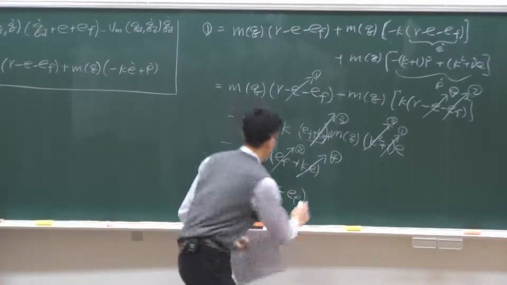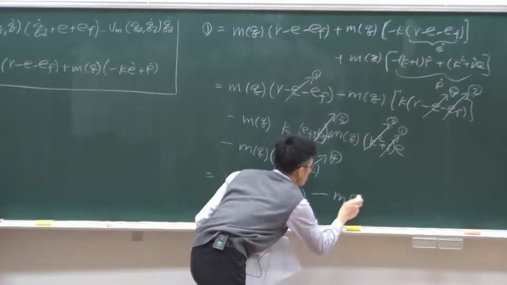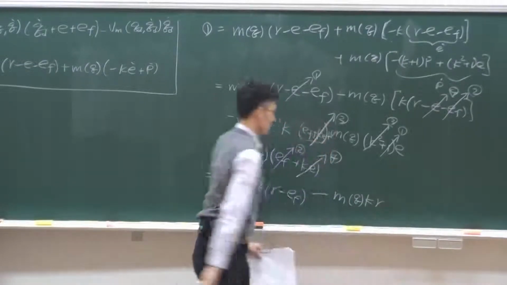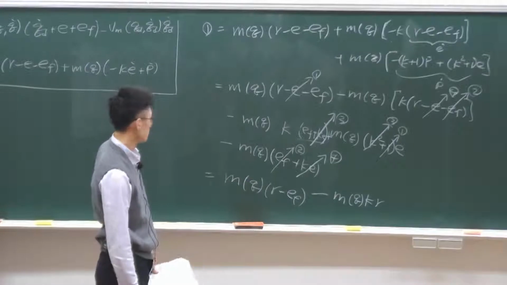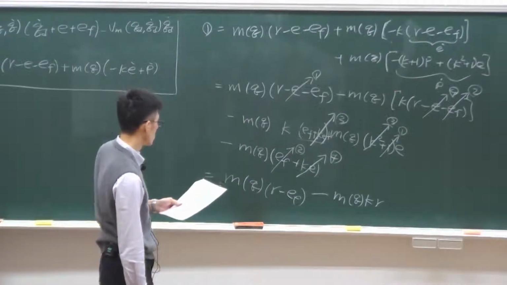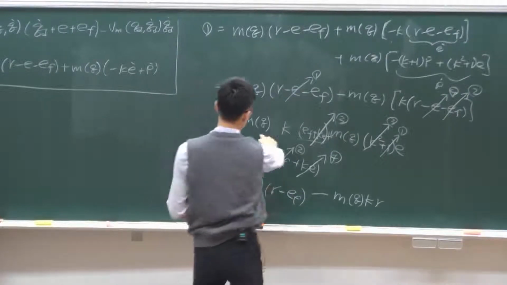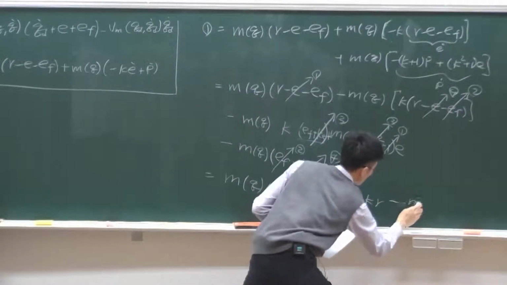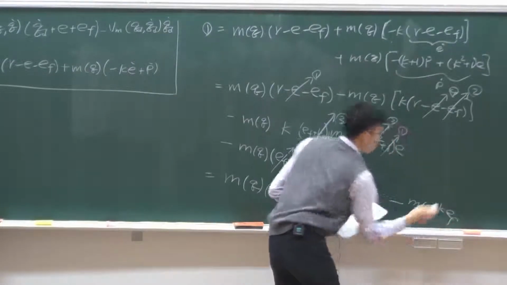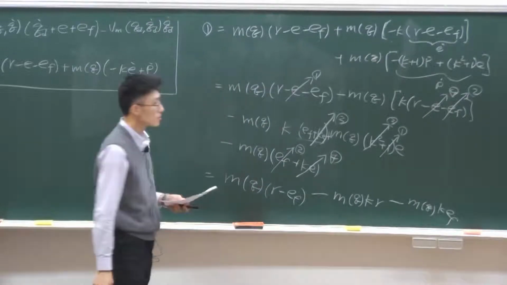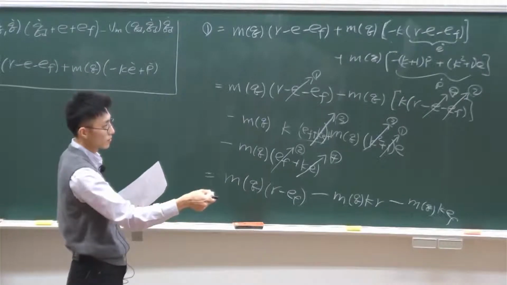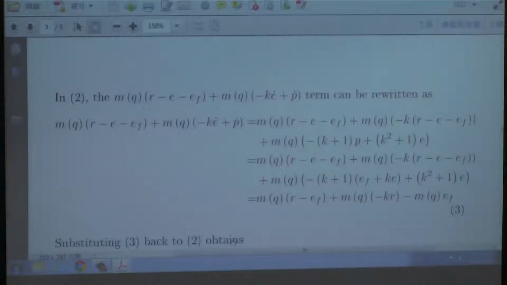So then you got KR, okay. KR and this term minus MQ KF. Okay. And that's the last equation of equation 3, right?